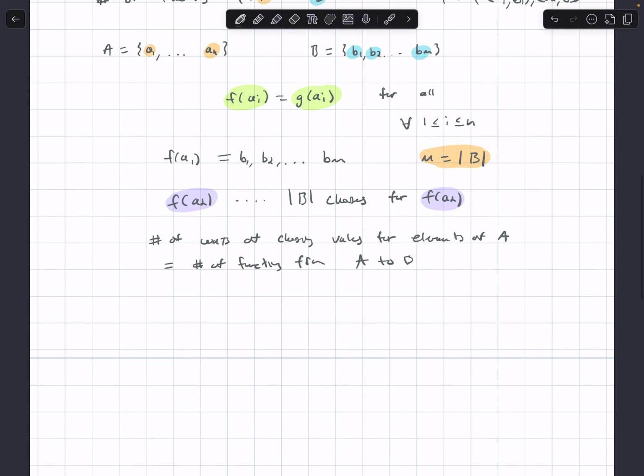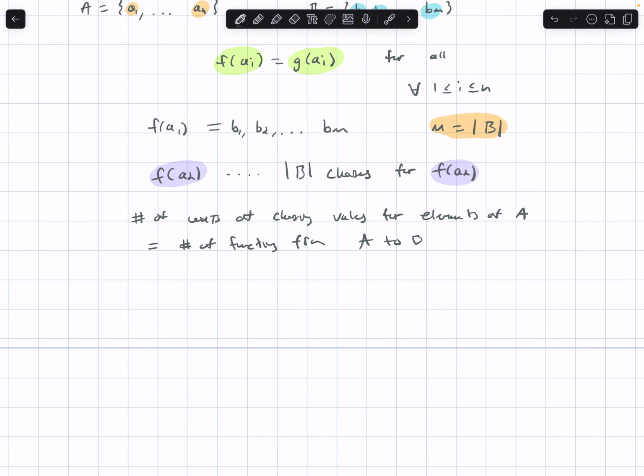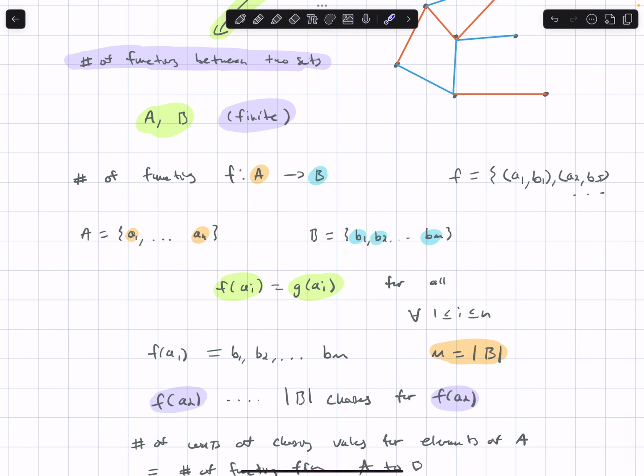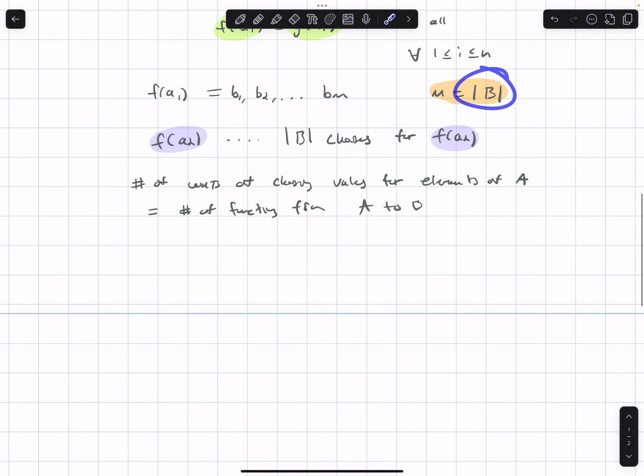And we're seeing that for each one of these, there are size of b or cardinality of b, which is the number of elements in the set b, that many choices for which one to send each element to.